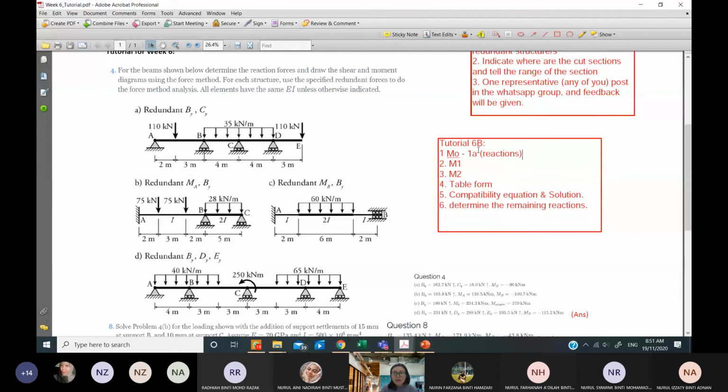Once you get the reaction, you show me. Then I move to 1B, so you have more confidence continuing. And 1B will be the moment function. Similarly, 2A reaction, 2B function, 3A reaction, 3B function. I will share this with you in the WhatsApp group later.